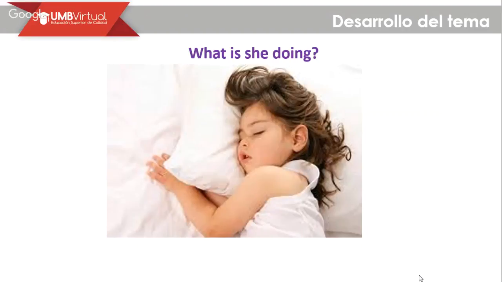We can say where is she staying, for instance, or when is she sleeping during the day. There are different kinds of possibilities to create sentences and questions as much as you can.